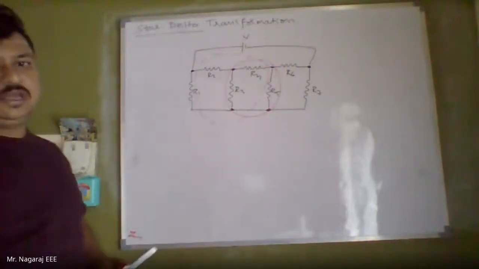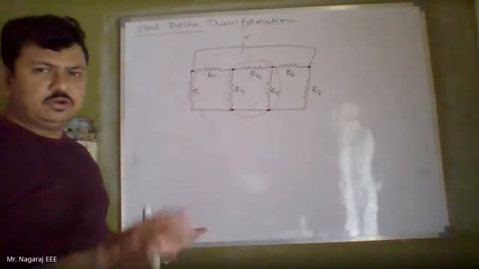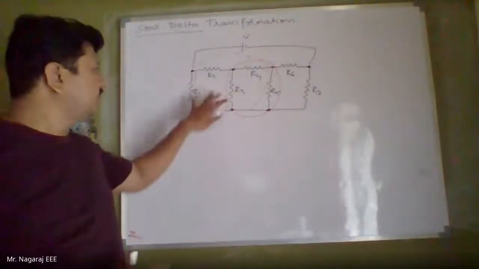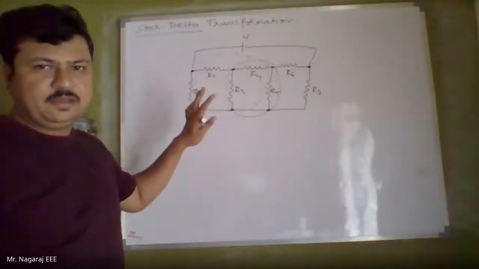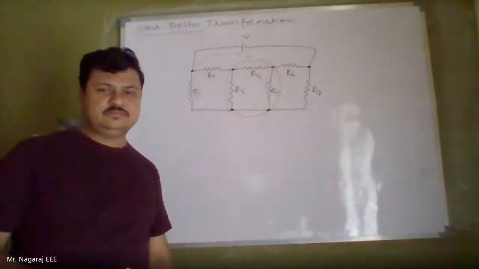But without the help of star delta transformation, to find the equivalent resistance, you don't worry about what is the current or the voltage, simply finding equivalent resistance becomes extremely difficult.